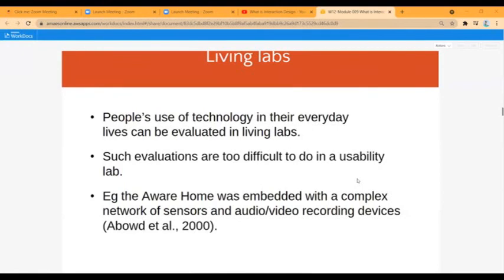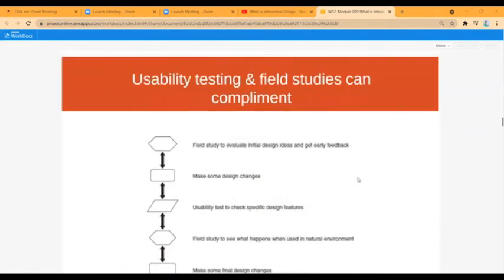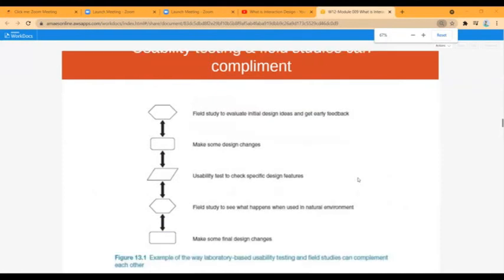So for example, the Aware Home was embedded with a complex network of sensors and audio video recording devices, in 2000. Usability testing and field studies can complement each other. In figure 13.1, examples of the way laboratory-based usability testing and field studies can complement each other.